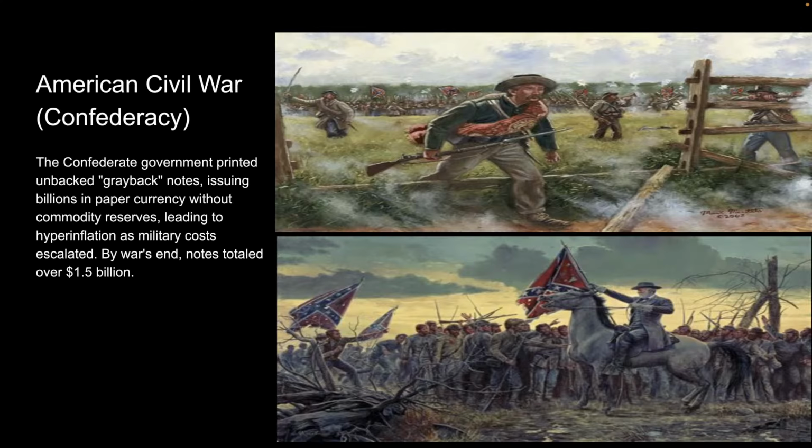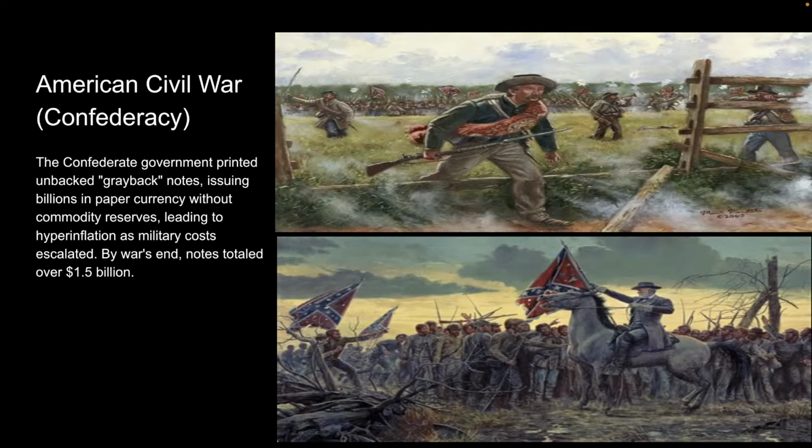And now the Confederacy side, which was way worse. The Confederate government printed unbacked grayback notes, issuing billions in paper currency without commodity reserves, leading to hyperinflation as military costs escalated by war's end.